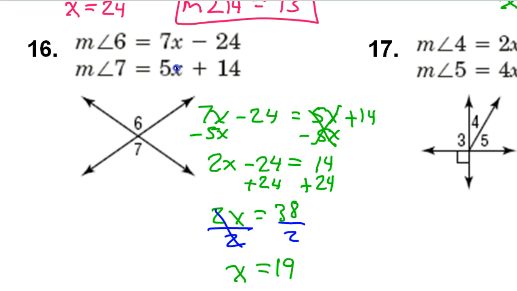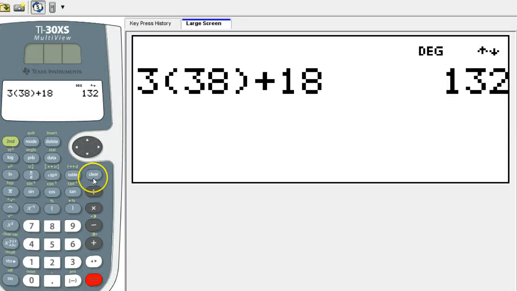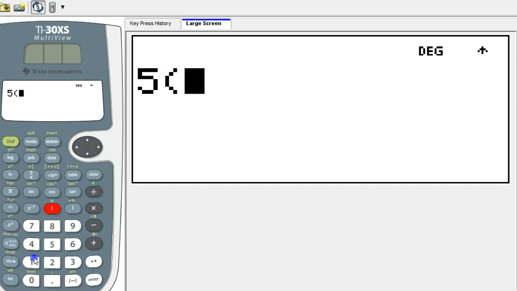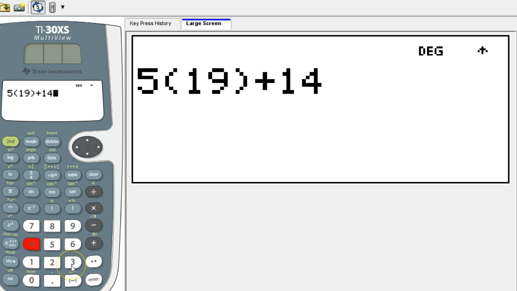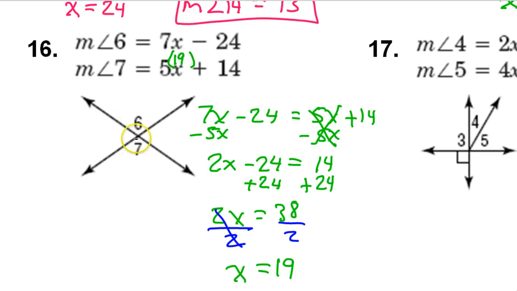So imagine that I took 19 and plugged it in right here. So that would be 5 times 19 plus 14. That's 109. Then again, vertical angles are equal, so the measure of angle 6 equals the measure of angle 7, which equals that 109.